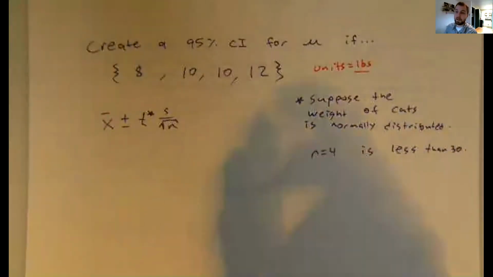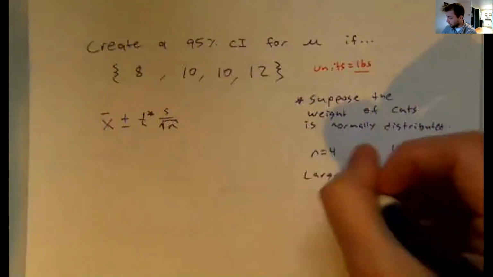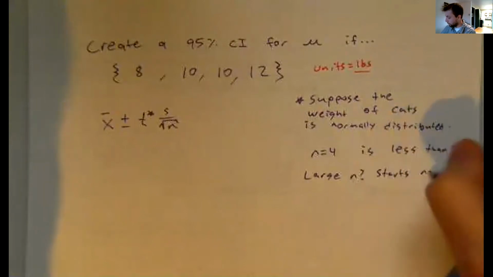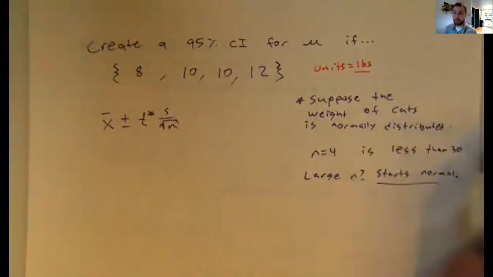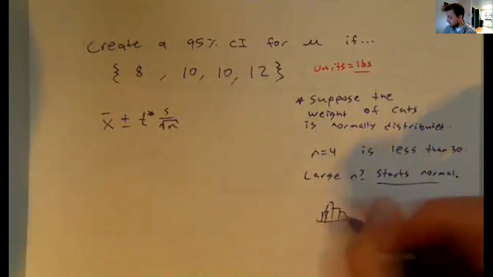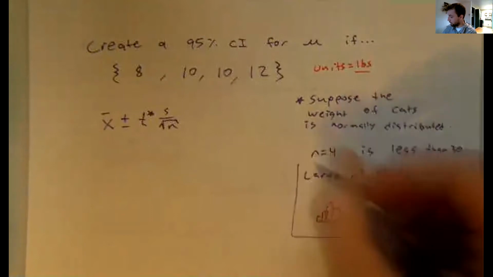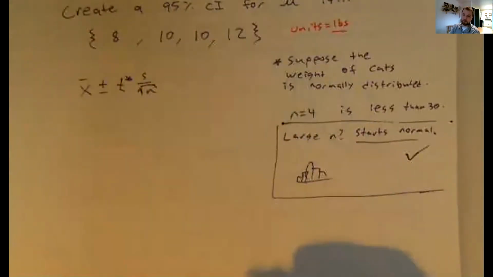But if it tells me the weights are normally distributed to begin with, then for large N, I would still feel okay because it starts normal. So unless it tells me something about starting normal, or unless it gives me a graph of what the weights of cats look like, and I see that it looks like this bell curve, I can't pass this large N assumption.